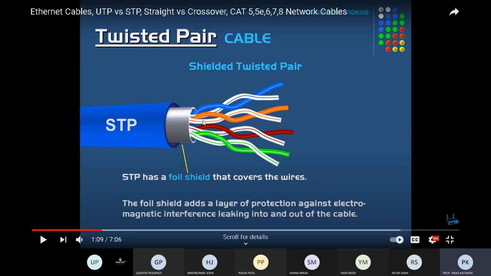Now look at this diagram. This is shielded twisted pair. So there is a shield. STP has a foil shield that covers the wire. So it provides better protection to the copper wires and also provides less interference from electromagnetic effects.